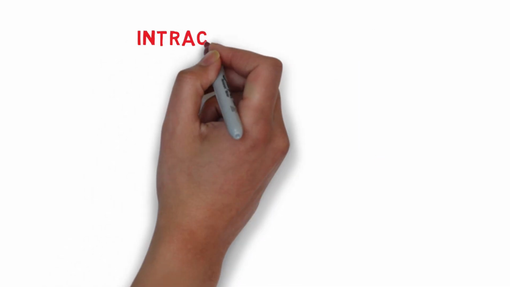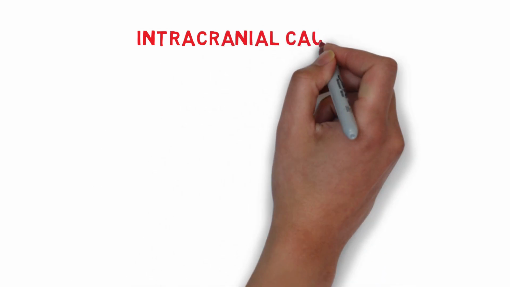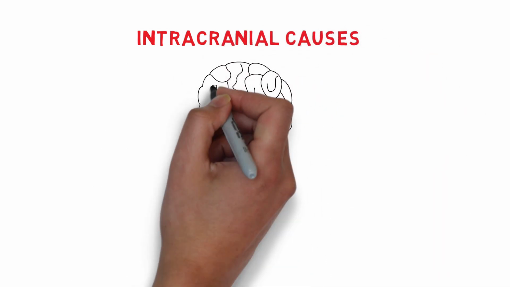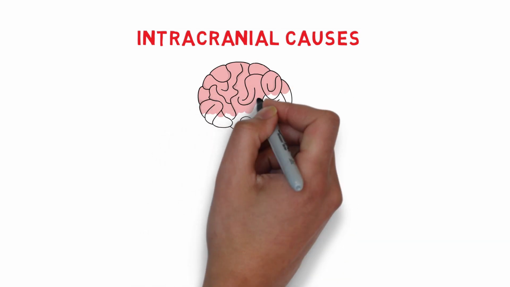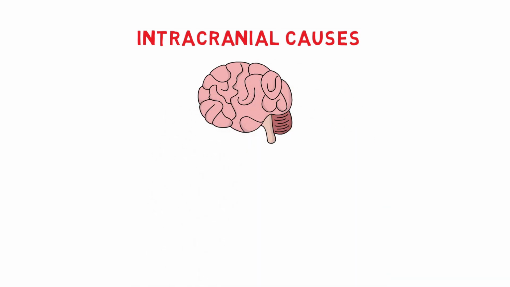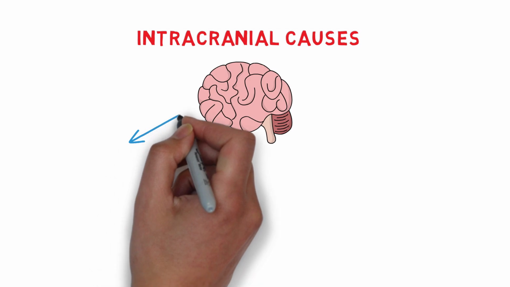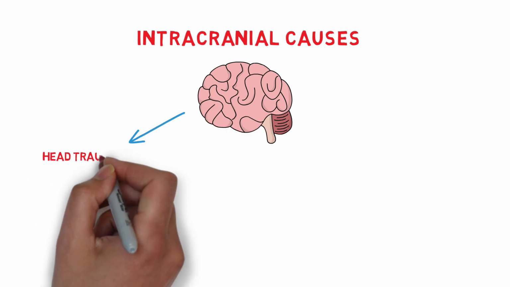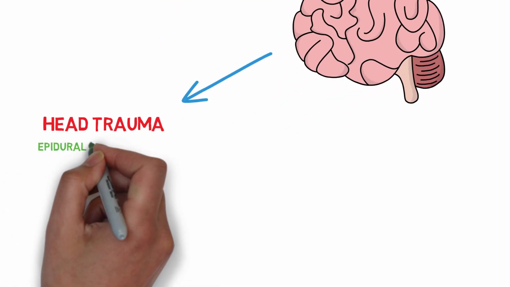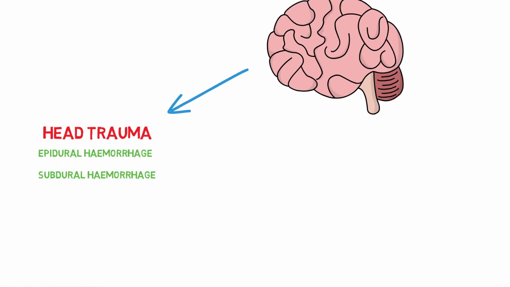Let's start with the intracranial first. These causes are all red flags, therefore I'm writing them in red. First, head trauma, which can complicate as epidural hemorrhage or subdural hemorrhage.